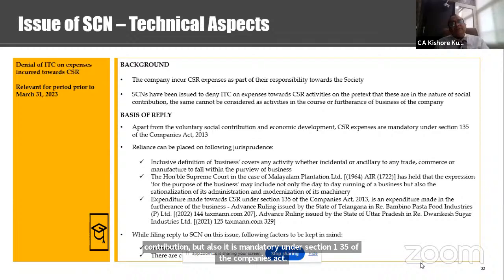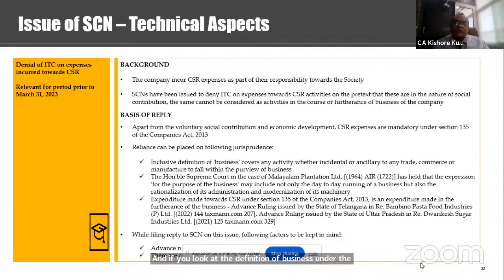And if you look at the definition of business under the GST Act, it is wide enough to cover any activity which are incidental or ancillary to any trade, commerce, or manufacture. There are any number of Supreme Court decisions.